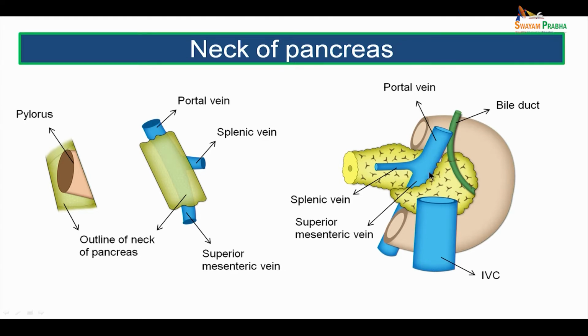It shows the posterior relations of the neck of pancreas, which is formed by the superior mesenteric vein in the lower part, which is then joined by the splenic vein, and in the upper part the neck is related to the trunk of the portal vein.